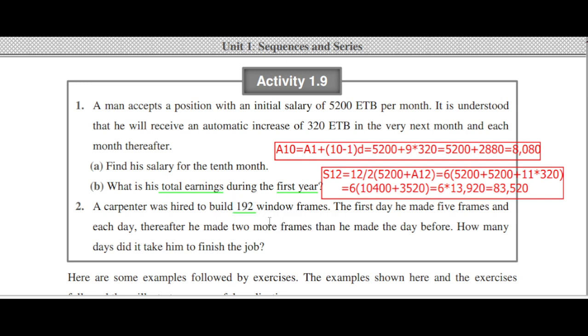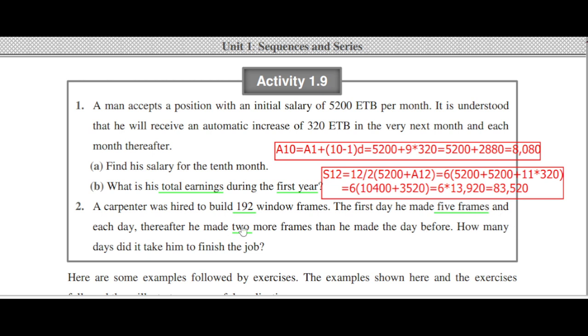The first day he made 5 frames. Next, 5 plus 2 is 7, and he made 2 more frames than the day before. These 2 represent the common difference, d. 5 is the first entry.